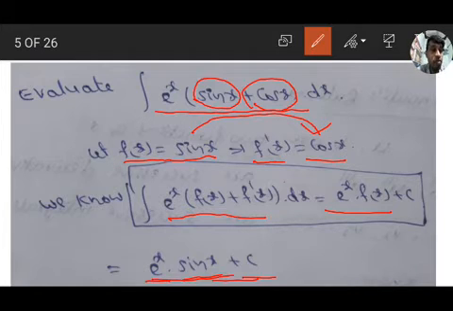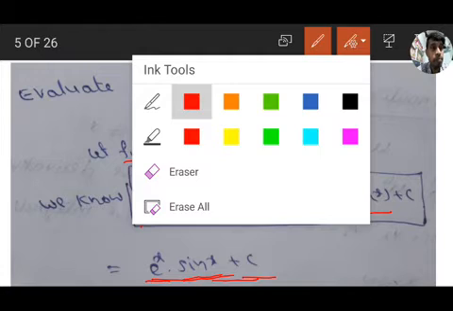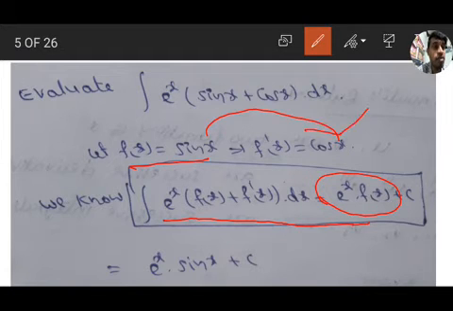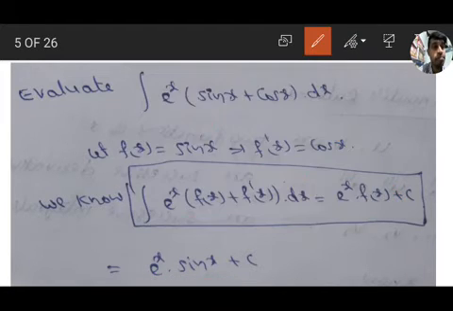Because it is of the form e to the power of x into f of x plus f dash x dx, that is e to the power of x into f of x plus c is the formula. Here f of x equal to sin x, its derivative is cos x, f dash x. So it is the formula, therefore we get answer e to the power of x into sin x plus c.